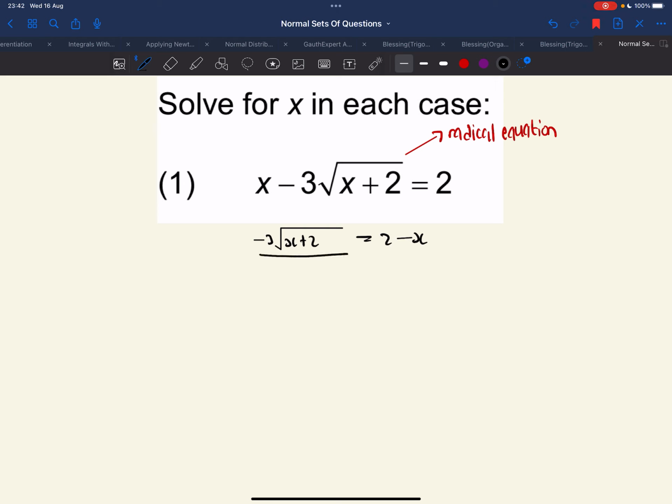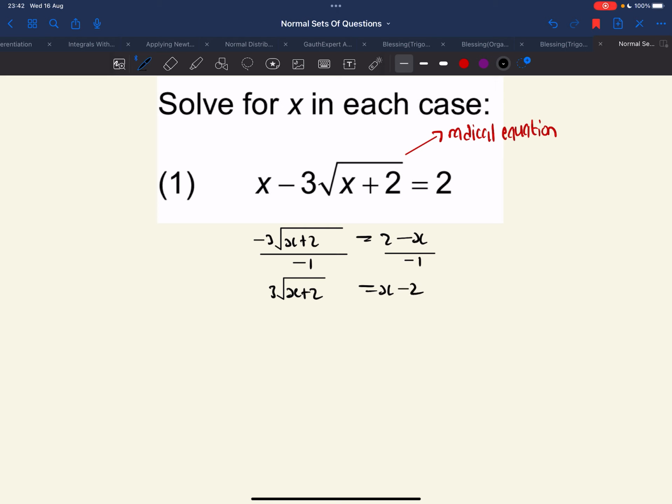And then we can divide both sides by minus 1. Then we should have 3 square root of (x plus 2), and here we should get x minus 2, right?